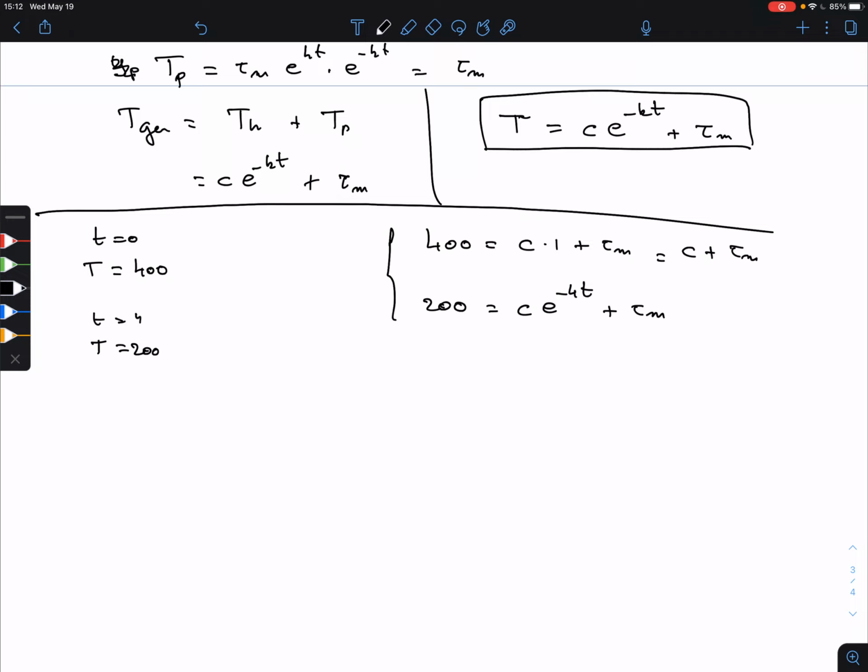For instance, if I take this one and subtract this one from it, what do I get? Well, 200 here. If I subtract, I get C minus C e^(-4k), and then tau m minus tau m, they cancel by subtracting, right?